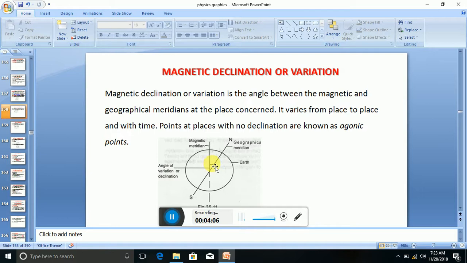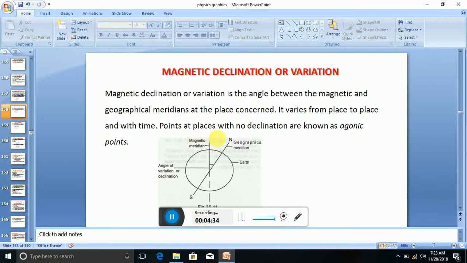That angle between the geographical meridian and the magnetic meridian is known as magnetic declination or variation at the place concerned. It varies from place to place and with time.